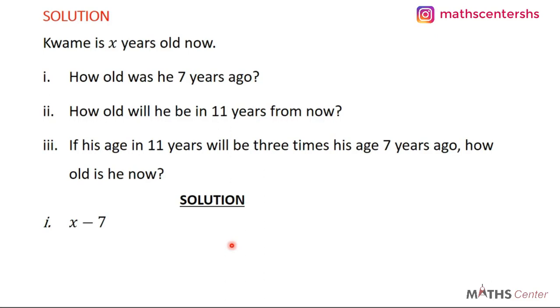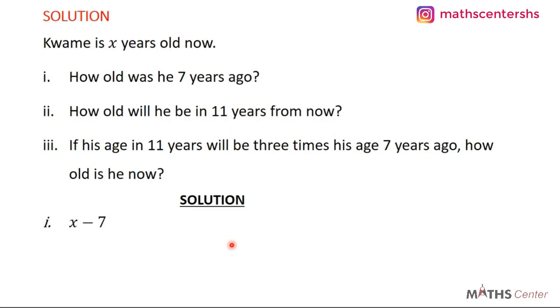How old will he be 11 years from now? He is x years old now. In 11 years time, how old will he be? If you are 10 years old now, how old will you be in 11 years time? It's going to be 10 plus 11, which will be 21, right?